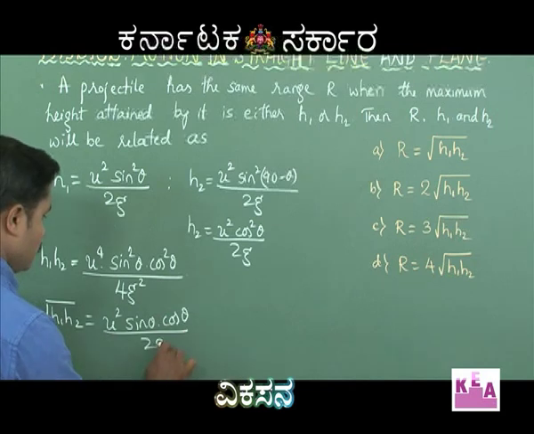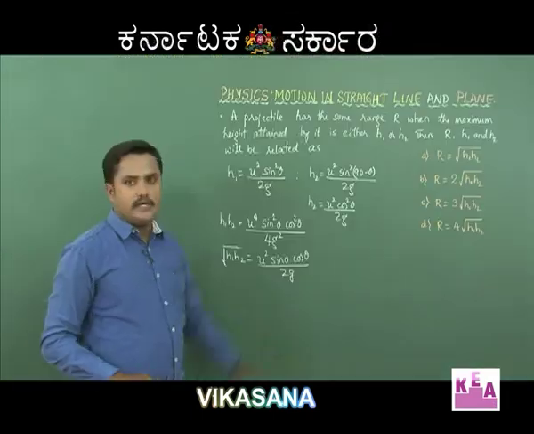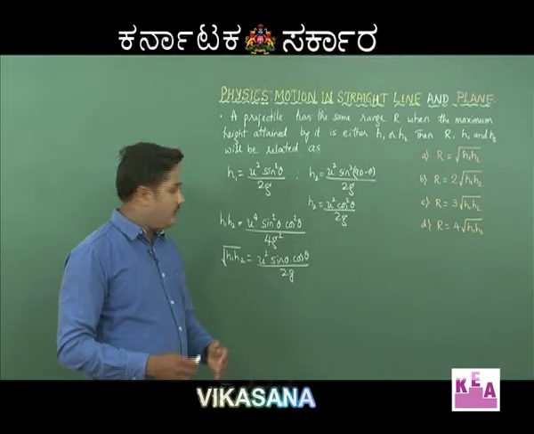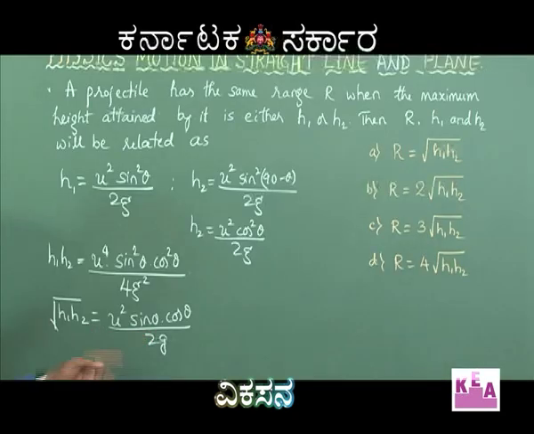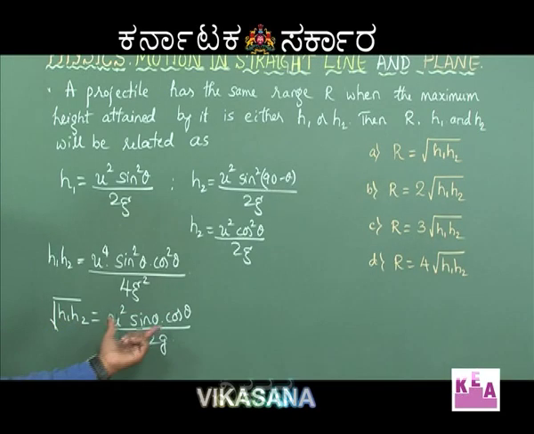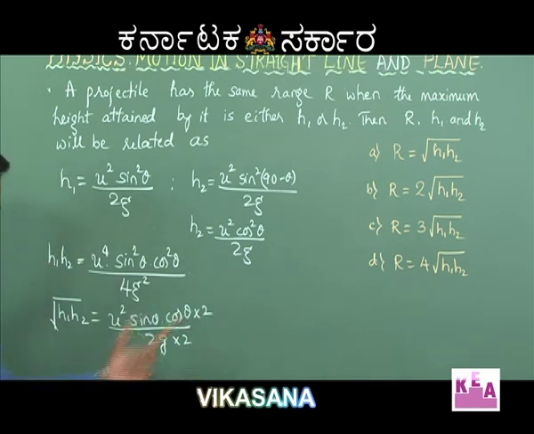divided by 2g, and as you all know, I must connect this to the horizontal range expression, which consists of sin 2 theta in numerator, and it is not difficult for me to write sin 2 theta in numerator. I will just multiply and divide by 2, which gets me sin 2 theta in numerator and 4g in denominator.